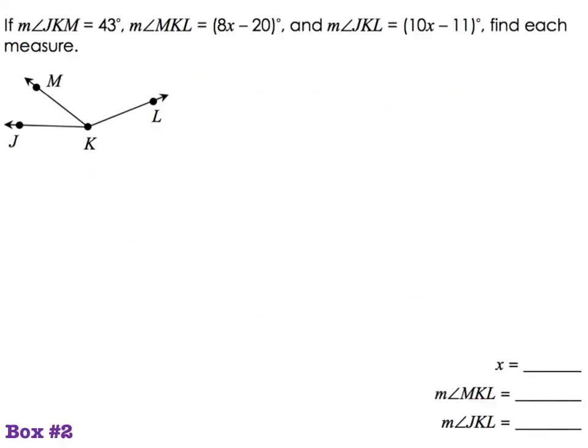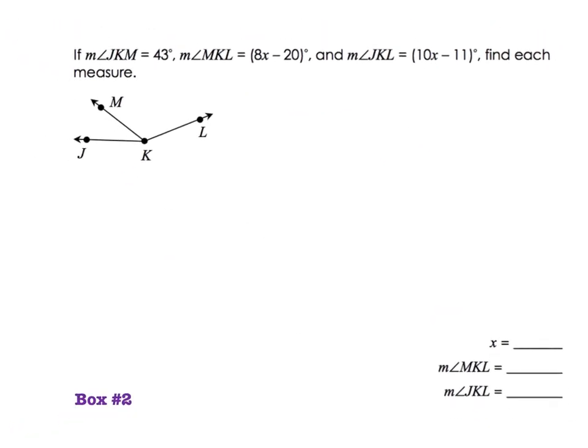All right, let's go to number 2. Notice down here on the right-hand side, they're asking us for 3 things: X, the measurement of angle MKL, and the measurement of angle JKL. For this one, we have expressions. If you're wondering what an expression is, it's just a set of numbers and variables together. So here we go.